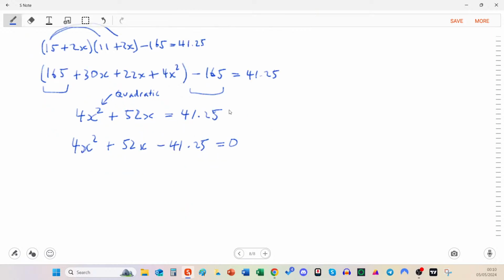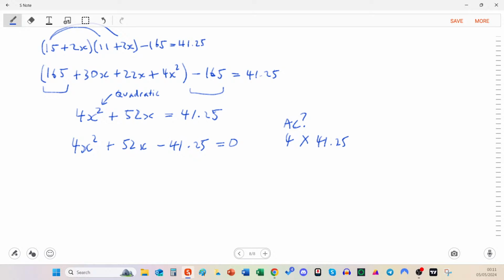In fact, the number of things we would have to test would take us so long, because there's no real logical way to jump to it. Plus you've got the 4 in front of the x squared here, so I wouldn't even do the AC method, because 41.25 times 4, it's a bit much, isn't it?